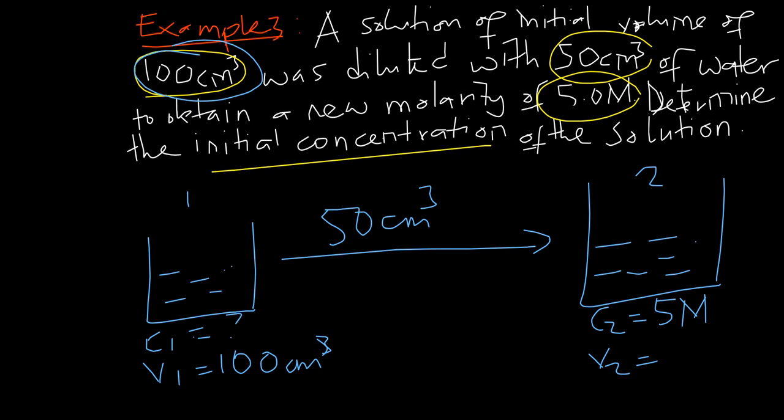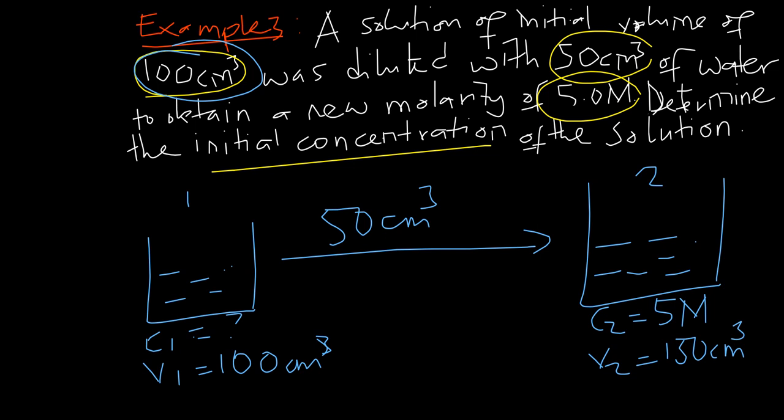So what will be the new volume? Initially the volume was 100 cm cube. Then we added 50 cm cube of distilled water to this solution. What it means is that the new volume of the solution, which is V2, is 150 cm cube.